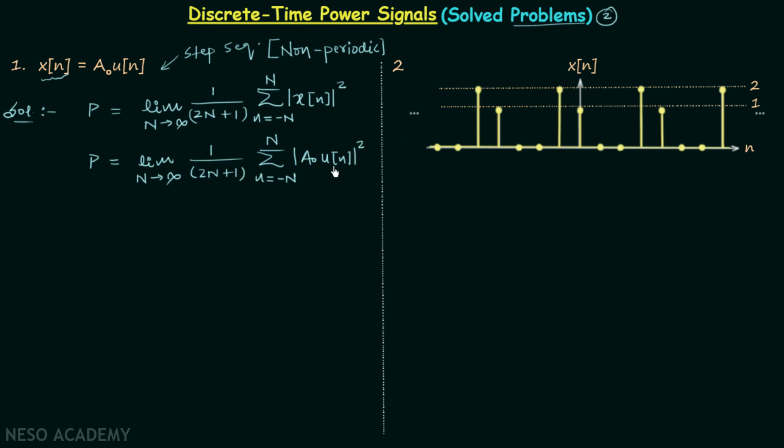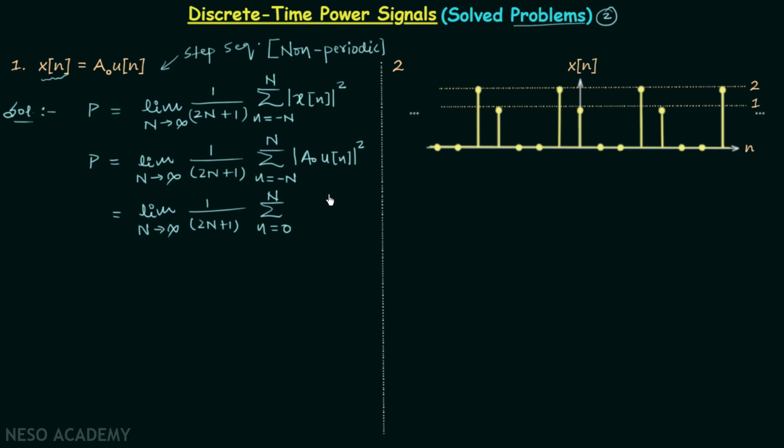And as a0 is multiplied to u[n], we can write the average power equal to limit n tending to infinity 1 over 2n plus 1, and we will perform the summation from n equal to 0 to n equal to plus n, because we know u[n] will have the samples equal to 1 for the integer values of n from 0 to plus infinity, and u[n] will have the samples equal to 0 for the integer values of n from minus infinity to minus 1.